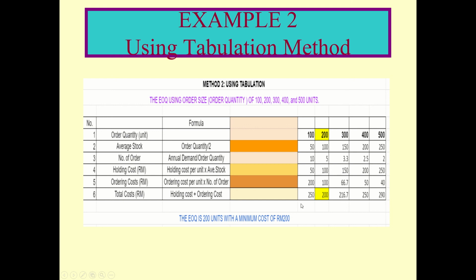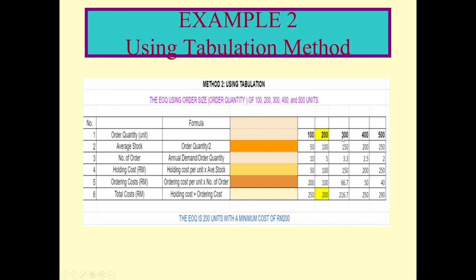So from all these, from the units that you have ordered, we can see that after you calculate the total cost, for 100 units, the total cost will be 250, right? But if you order 200 units, the total cost will be much cheaper at 200 ringgit.